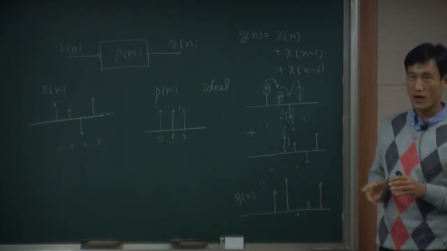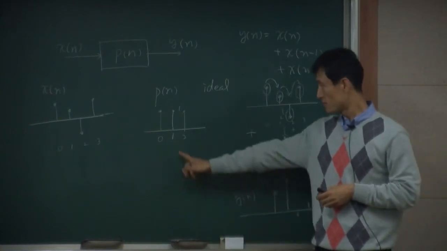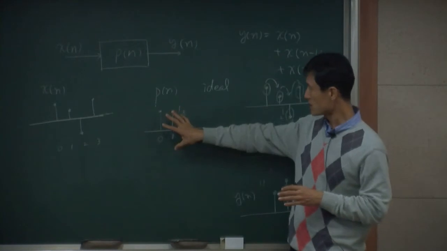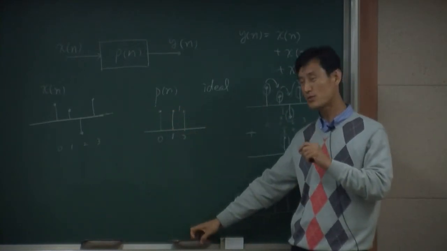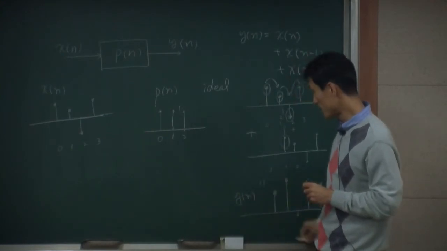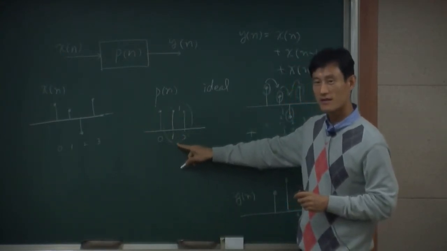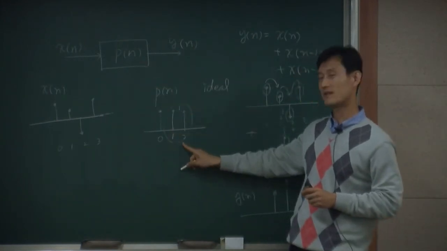Why do we have this intersymbol interference? Yes, memory, but in this case, why do we have this intersymbol interference? Because our impulse response has this one. In this block, we have a delay.